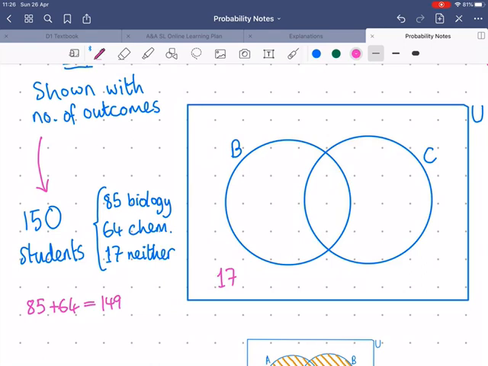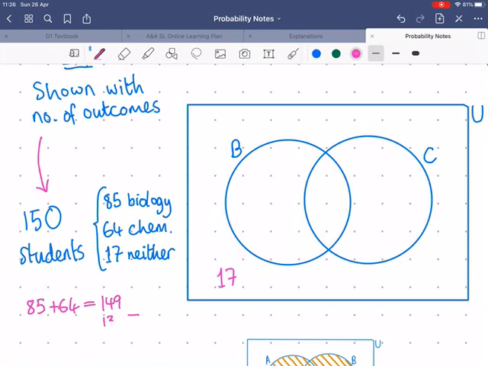Well, there's clearly been some students that I've counted in the 85 for biology and in the 64 for chemistry, i.e. students that study both subjects. So if we want to work out how many do both subjects, I can take my 17 and figure out that 133 students do one or the other, or both.